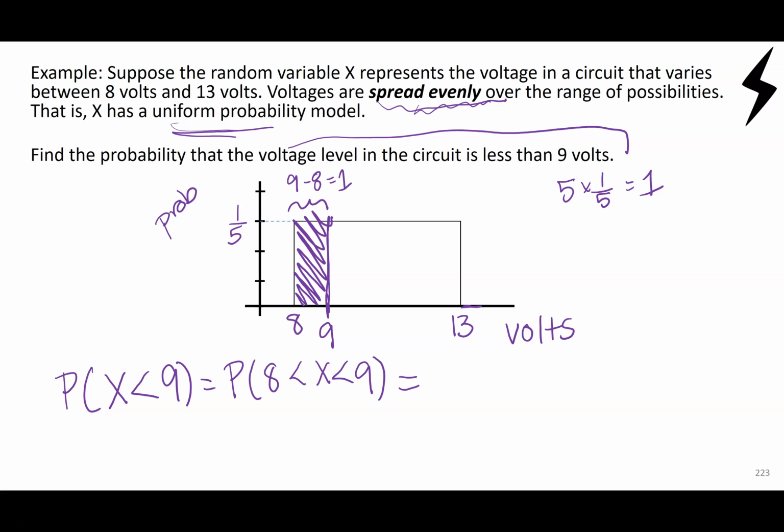It's 1. And my height is 1/5. So my width times height for my rectangle is going to just be 1 times 1/5. So 1/5, or 0.20. So there's a 20% chance that if you randomly selected a voltage in here, that it would be between 8 and 9 volts, given this distribution.